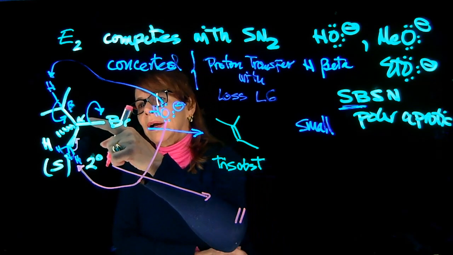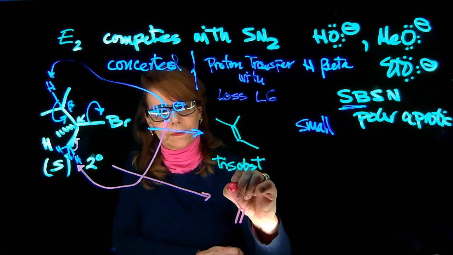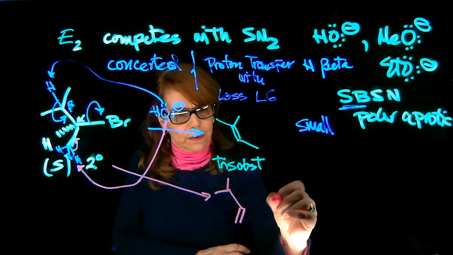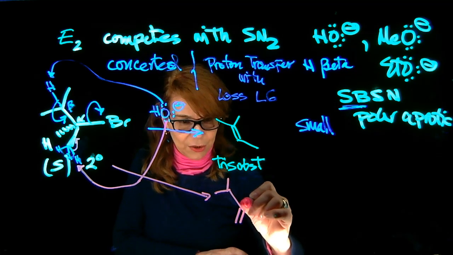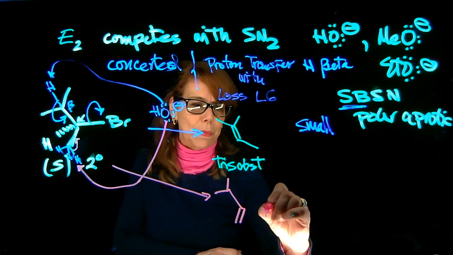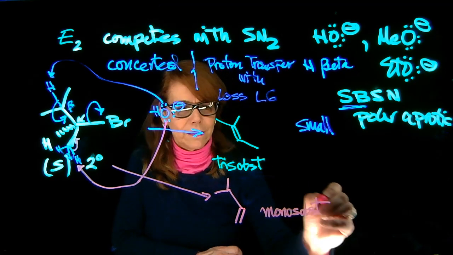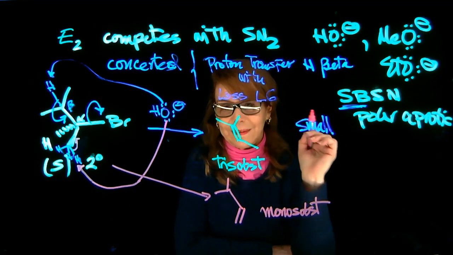We will have the H and let's say one isopropyl group. So this is the H. As we see here, no alkyl substituents on the side, only one here. So this is monosubstituted. So now we talk about the fact that we need strong bases, but also the size is important.